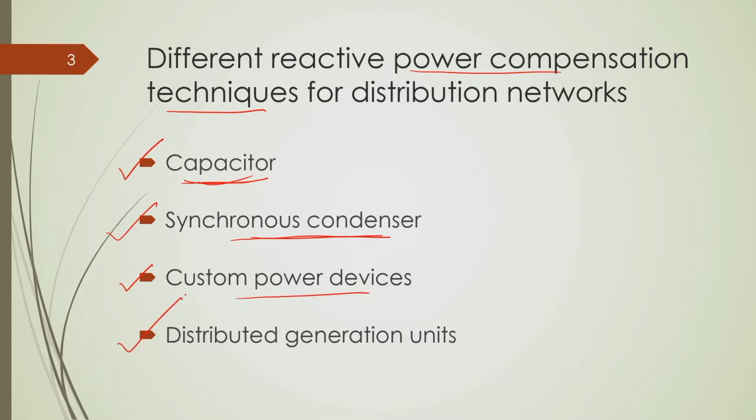Also, distributed generation units can provide reactive power, provided that their inverter is capable of exchanging reactive power. Okay. Some of the distributed generation, these things I will discuss in detail in the 7th module, but there are many distributed generation units, and some specific units can provide reactive power.